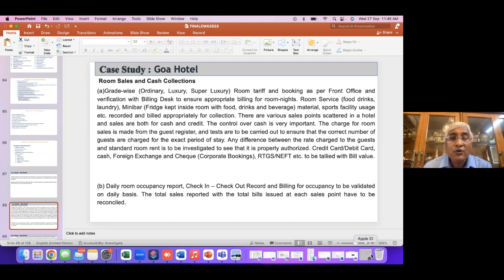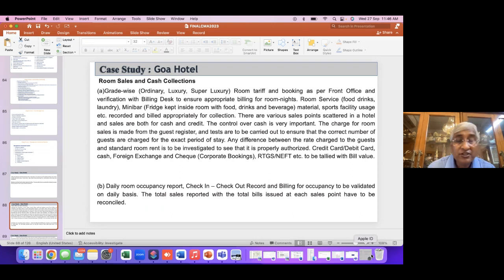So they will count the number of heads and the rooms. There may be two kids, but it's a double bedroom only, so kids are not charged, but the food etc. for the kids, served whether in the room or at the restaurants, those bills are to be signed off and collected so that nothing is free of cost.